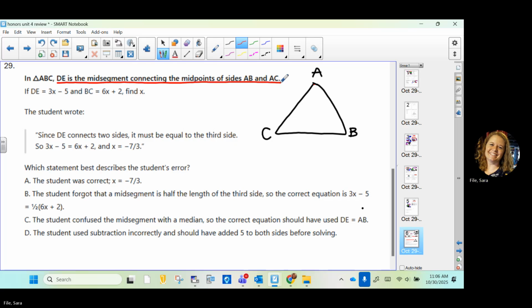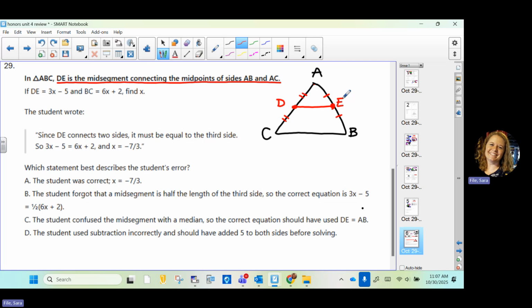Okay, so put a midpoint on AB and a midpoint on AC, and they are connected. That's the mid-segment. And they say that it's called DE. So I'm going to label those points D and E. So far, so good?